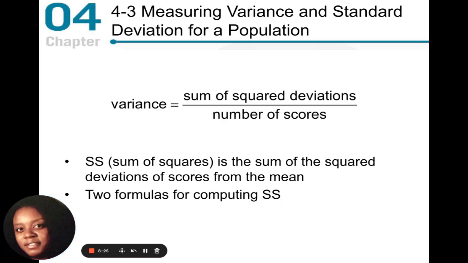When we get ready to measure the variance and standard deviation for a population, we can look at our variance formula as the sum of squared deviations over the total number of scores. The SS, the sum of squares, is the sum of the squared deviations of scores from the mean.